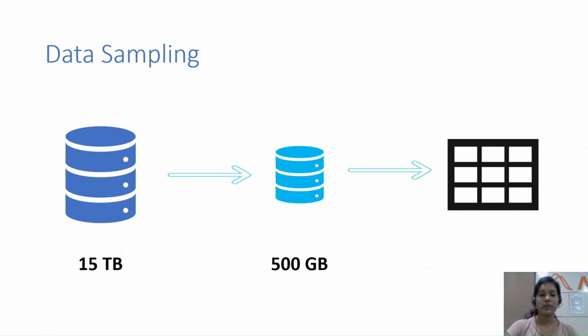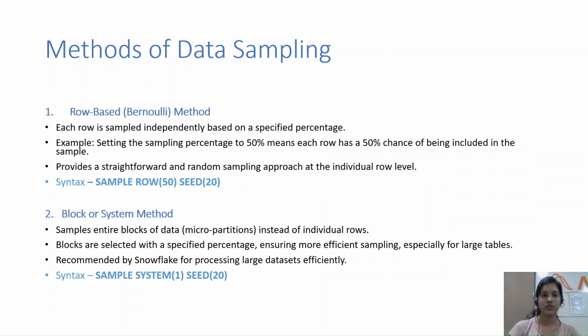So ultimately, data sampling facilitates the development of queries and views on large datasets in Snowflake, offering a more efficient and cost-effective solution. Now we'll see what are the methods of data sampling in Snowflake.